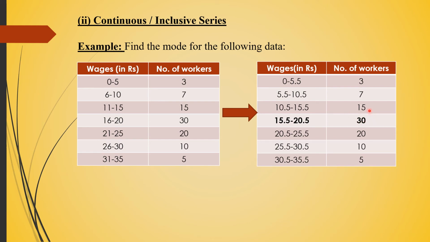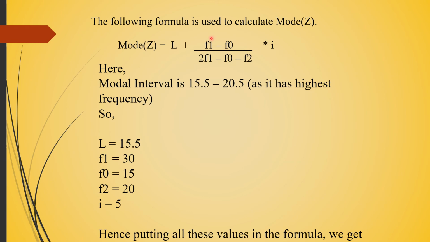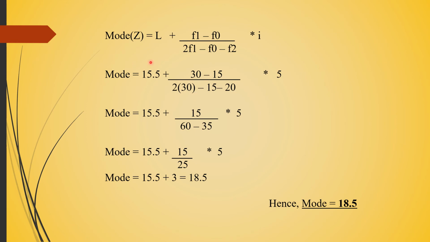F0 is the frequency preceding the modal class, which is 15, and F2 is the frequency succeeding the modal class, which is 20. So we can put all these values in L plus (F1 minus F0) upon (2F1 minus F0 minus F2), whole multiplied by I. By putting all these values in this formula, we get mode as 15.5 plus 3, which is equal to 18.5. So hence mode comes out to be 18.5 for this example.